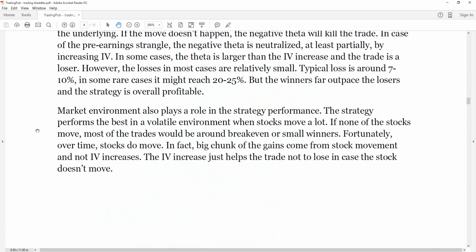Market environment also plays a role in this strategy's performance. If we buy a straddle, for example, when overall volatility is relatively low and volatility is going up, then the straddle will probably perform the best.